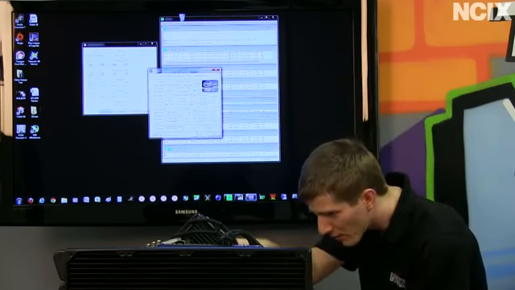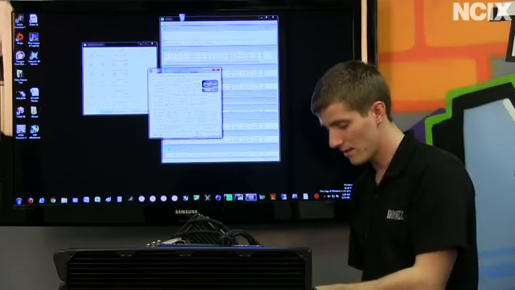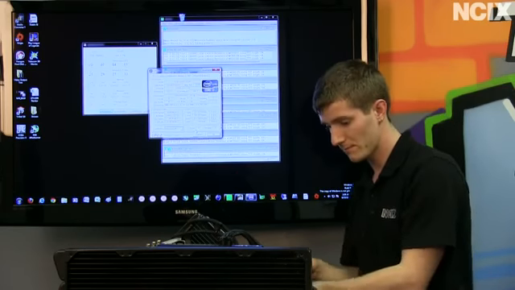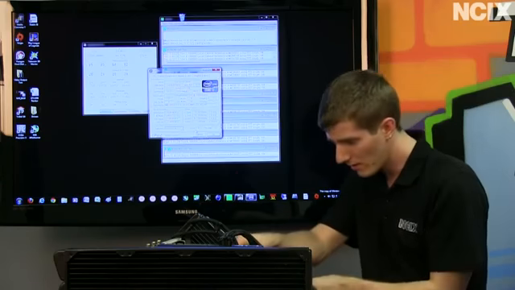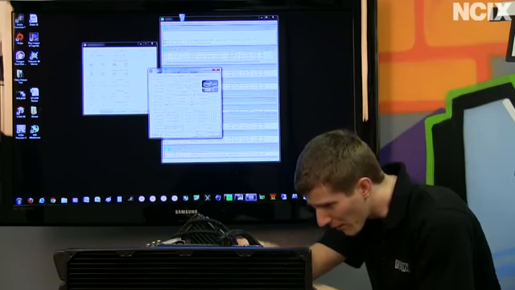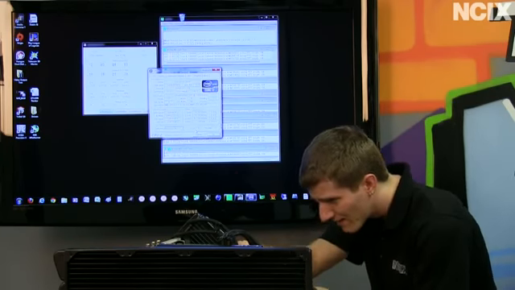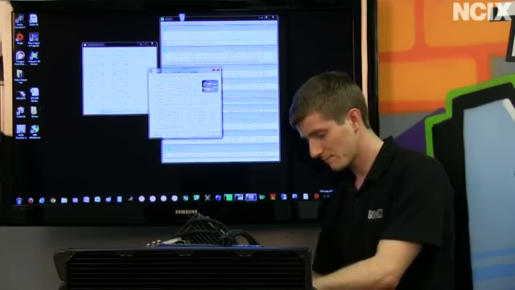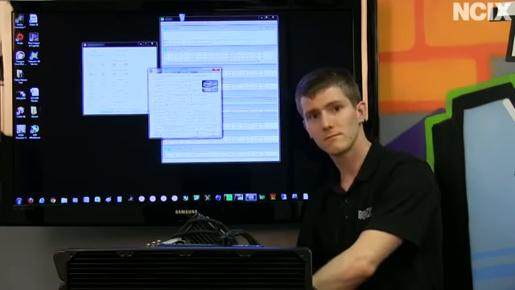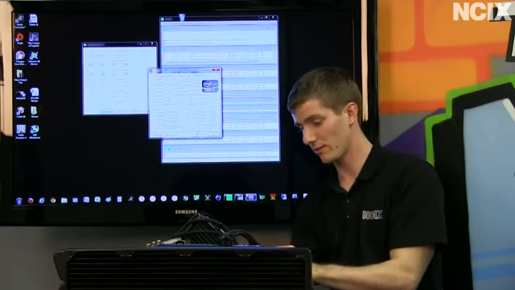So the idea is that we should have basically just a crossfade to when I plug in the other two. This is going to show a big difference, right?